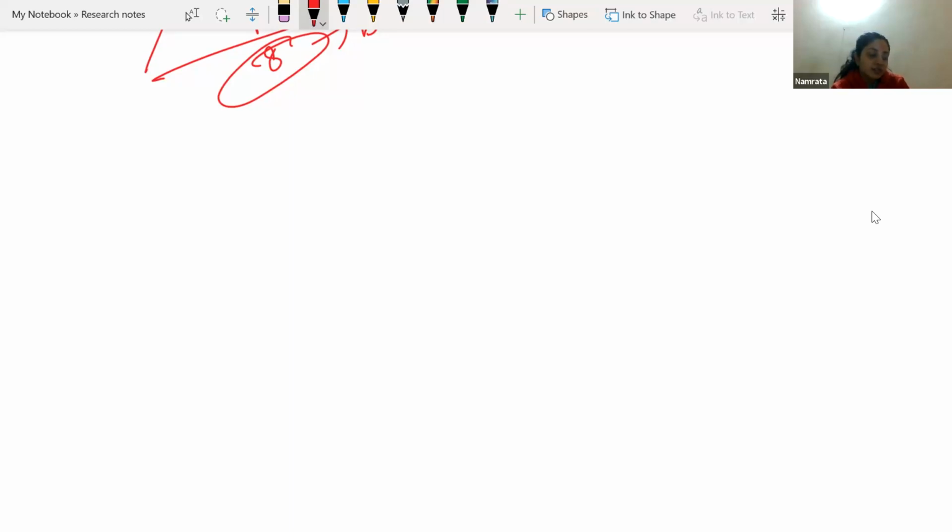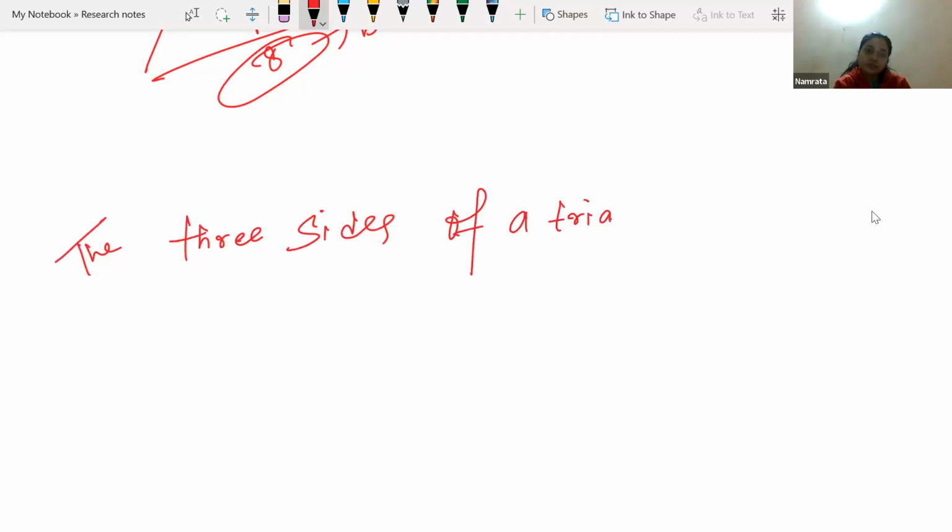The three sides of a triangle are P, P plus 1, 2P minus 1.